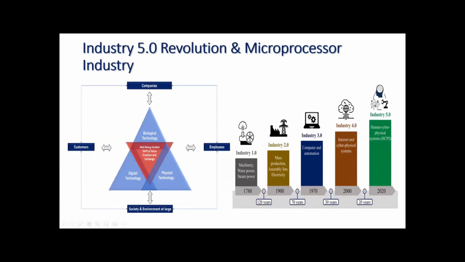Okay. So now we are in the era of Industry 5 revolution in microprocessor industry. And this is a combination of biological technology, digital technology, and physical technology. And biological technology is in use in computers as well.